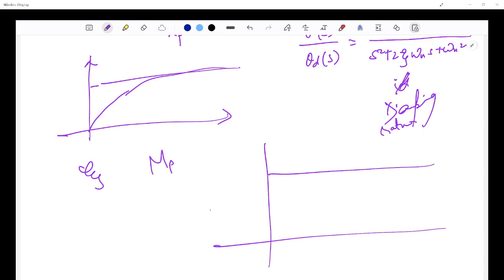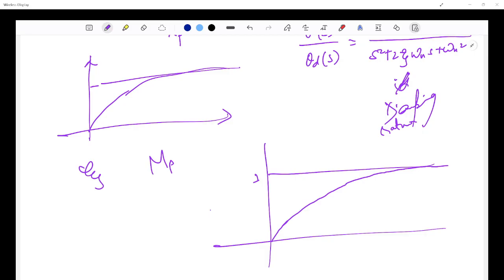If I have higher damping, what would the door do? The door would slowly go to the desired value. It would take a lot of time, and it would reach the desired value.